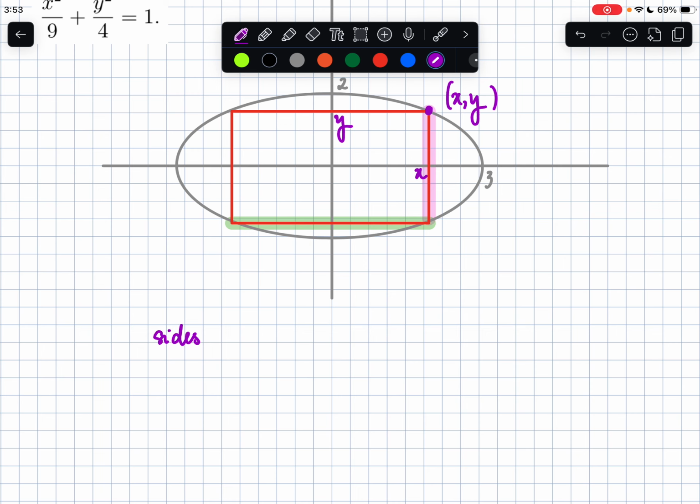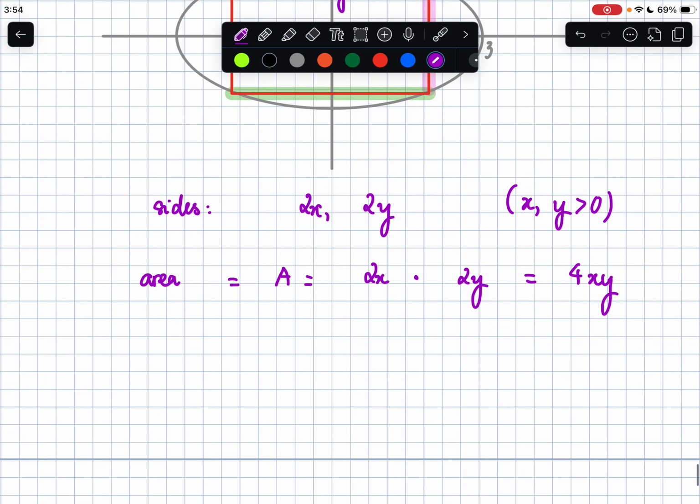Each side has length 2x, 2y, and x and y are lengths, so they are positive in this case. The area of the rectangle, let me denote by A, is 2 times x times 2 times y, 4xy. We need to maximize it.